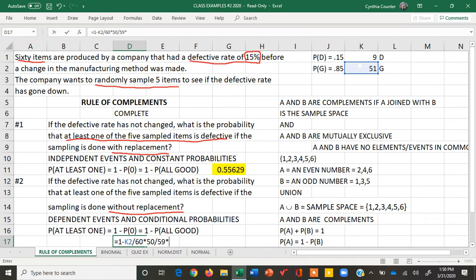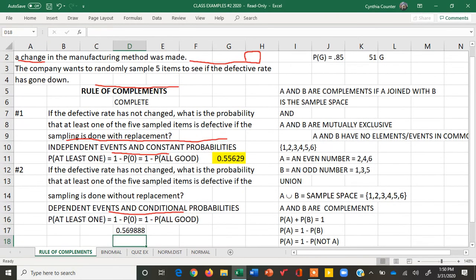The probability the third one is good after leaving out 2 good ones, it's 49 good items out of 58 remaining items. And the probability the fourth one is good is 48 good items from the remaining 57 items. And finally, the probability the fifth item is good will be 47 good items out of the remaining 56 items. And that gives us 0.56988.